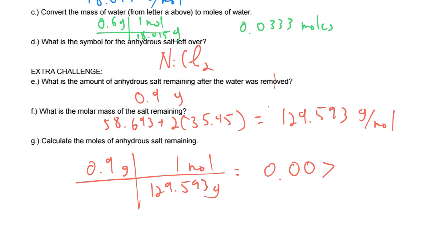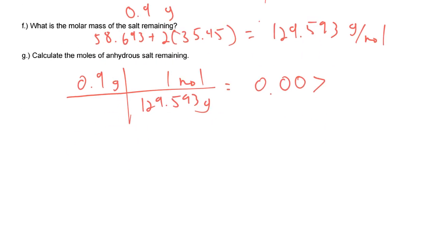And if we want to keep going with this, what we would do next is we would set up a ratio here of these two molar amounts, 0.007 to 0.0333. Divide both sides by 0.007. And 0.0333 divided by 0.007 gives us almost 5.